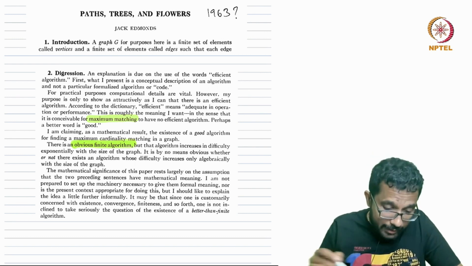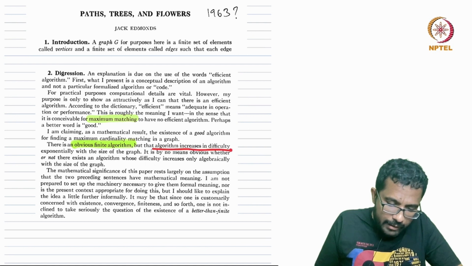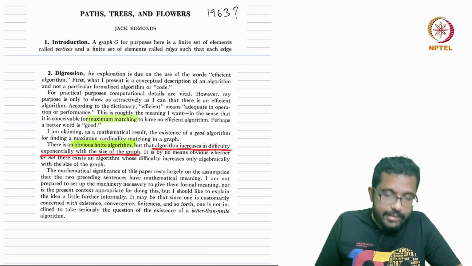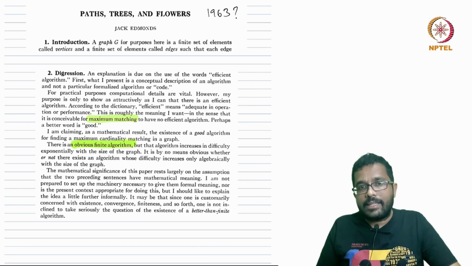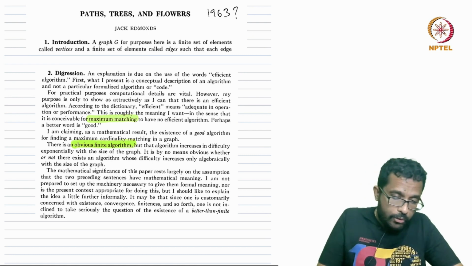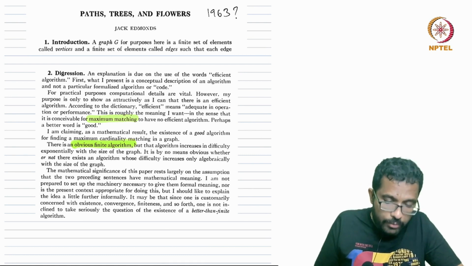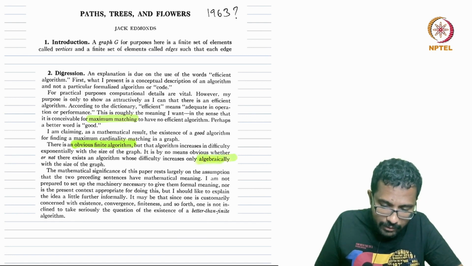That's exactly what he observes also: that algorithm increases in difficulty exponentially with the size of the graph. So he wants something better than brute force, and he wants to know if there is an algorithm whose difficulty only increases algebraically with the size of the graph.